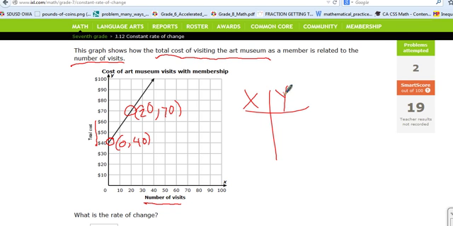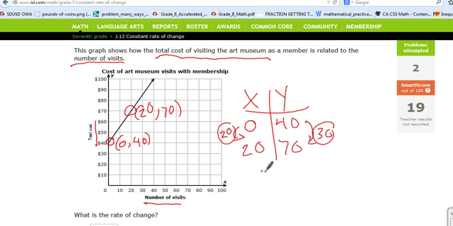Oh, good. Now, using this info, we're going to make our table. Again, x and y. The first point is 0, 40, and my second point is 20, 70. Okay, let's find the difference. 40 to 70, that's an increase of 30. From 0 to 20, that's an increase of 20. So again, we're going to have our rise over our run: 30 over 20.